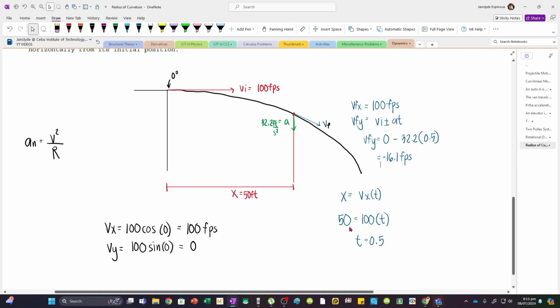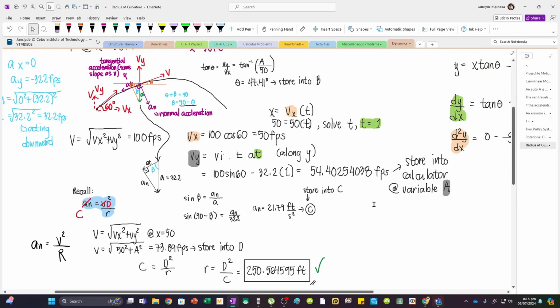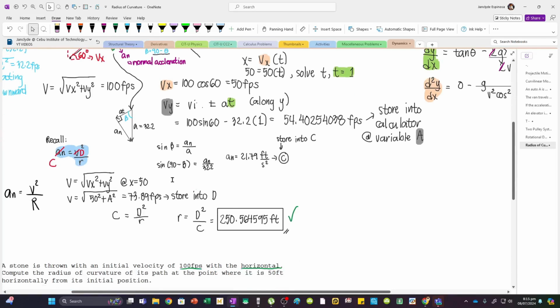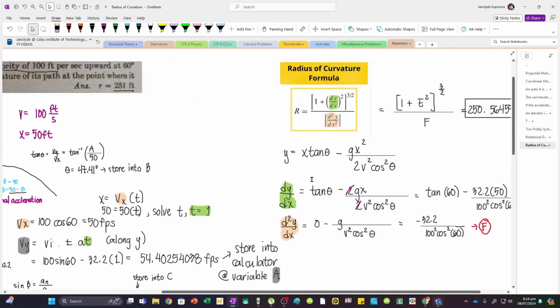You may also use this formula. Y equals, wait lang. Theta, this is, di pala kaya.